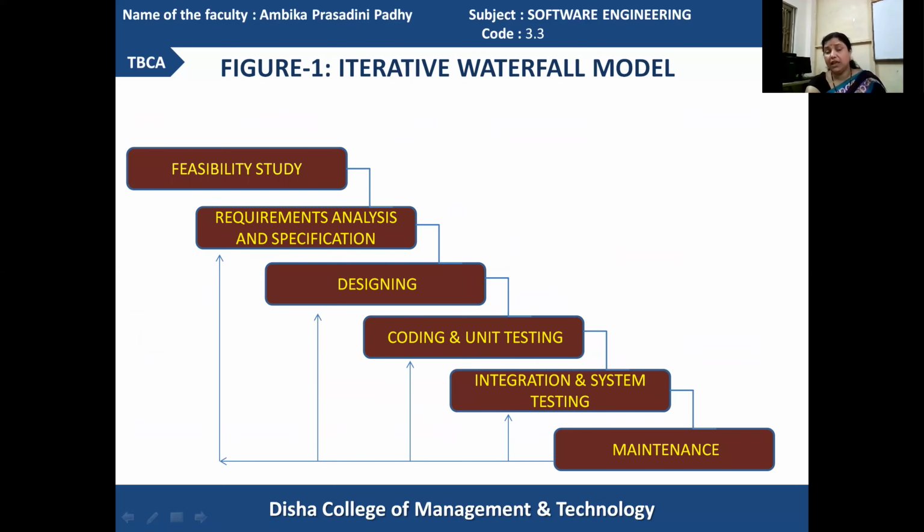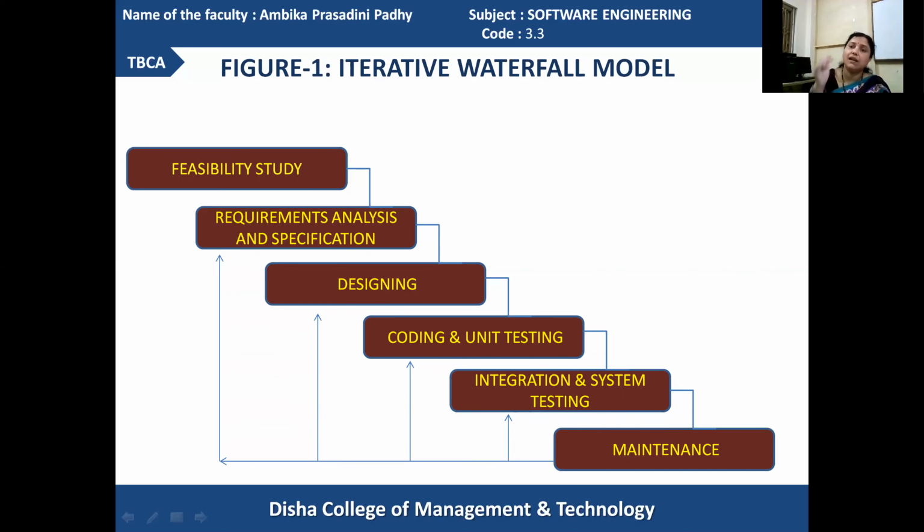When you think about how the iterative waterfall model actually performs, you can see the figure here, the iterative waterfall model diagram, in which the first part of software development is the feasibility study. Then next is requirement analysis. Next is design. Next is coding and unit testing. Next is integration and system testing. Next is maintenance.